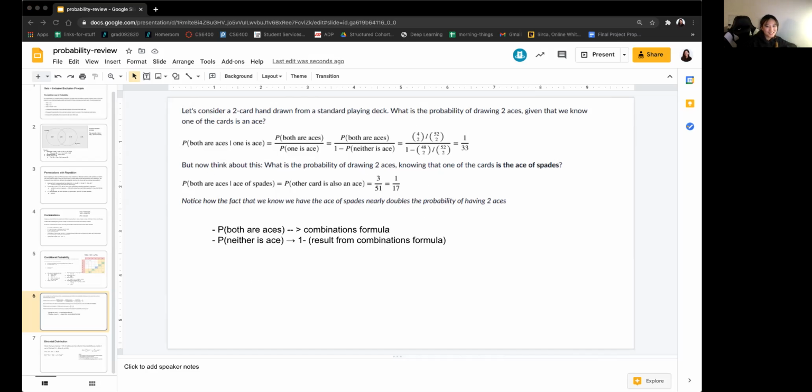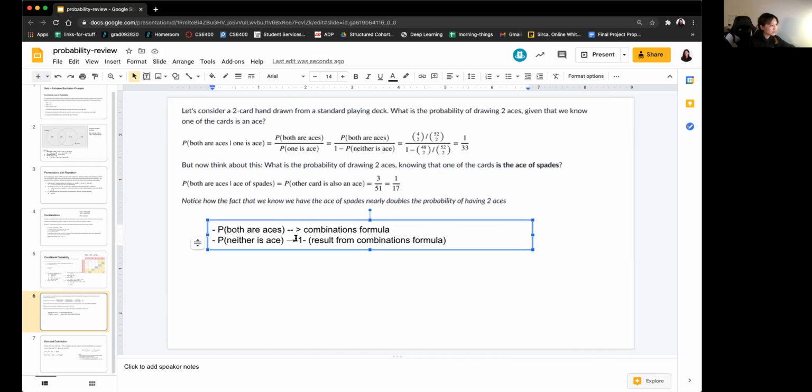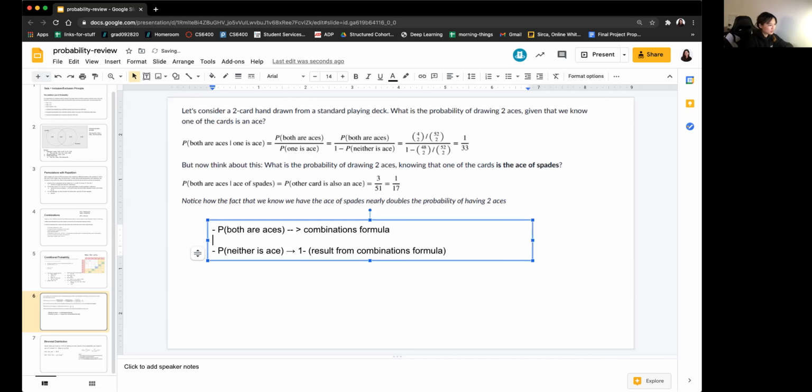Thoughts, questions? Yeah, do you mind going over the top part again? Oh, yes, absolutely. I think I skimmed over it a little bit. Okay, so let's break this out a little bit more. This first part, both being aces, is the number of ways of choosing 2 aces out of 4 aces.